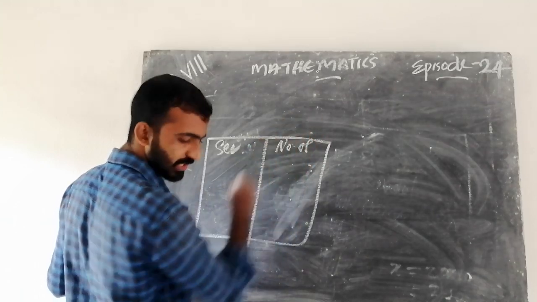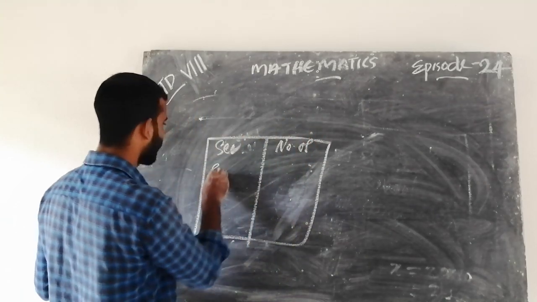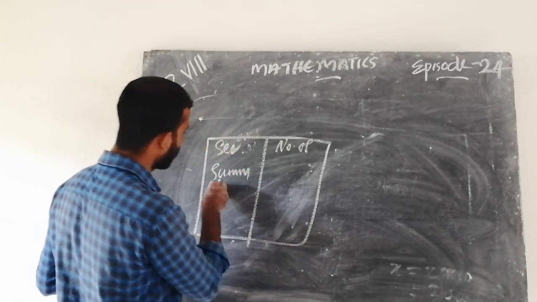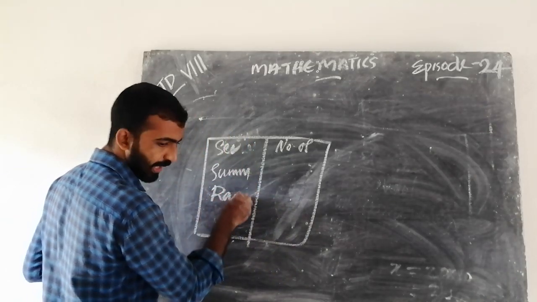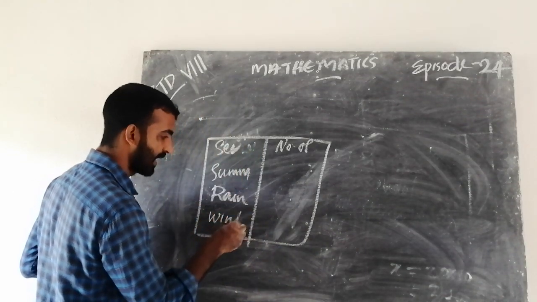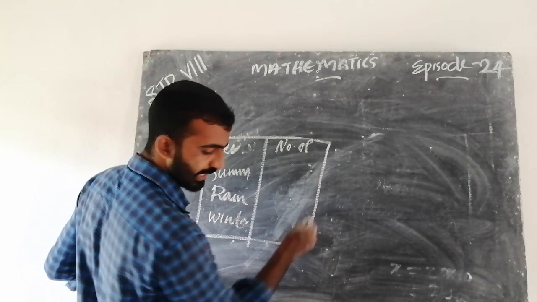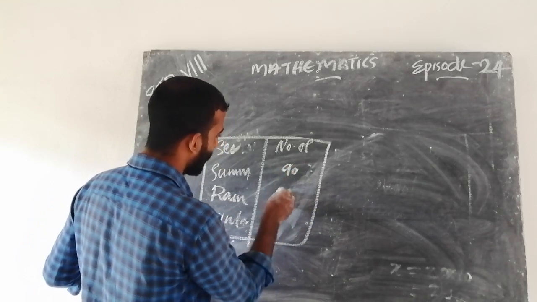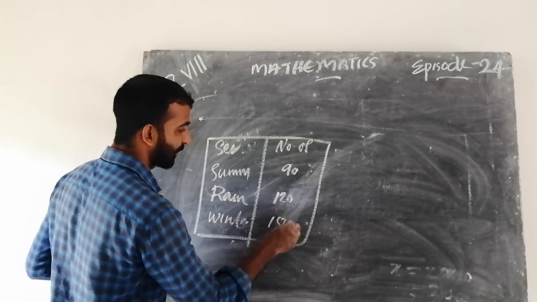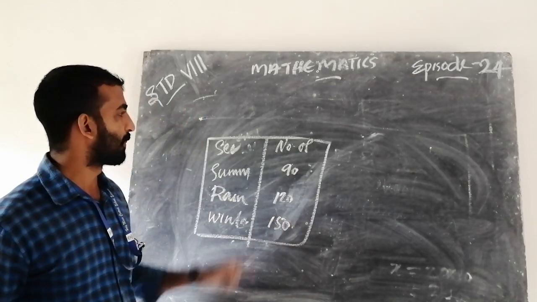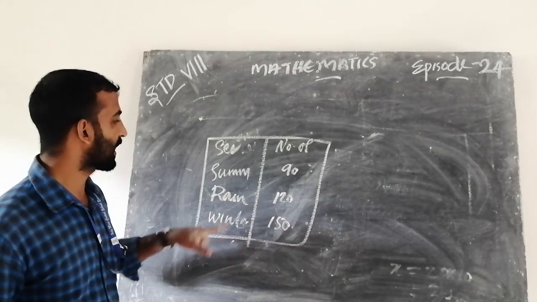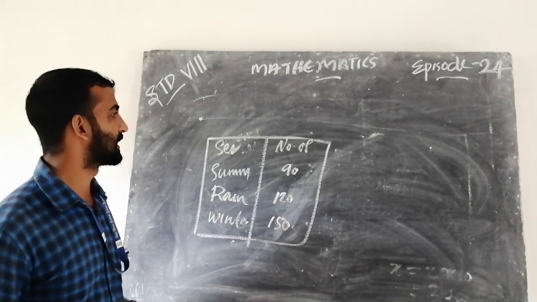The number of votes is 90, 120, 150 for summer, rainy, winter. Is it?